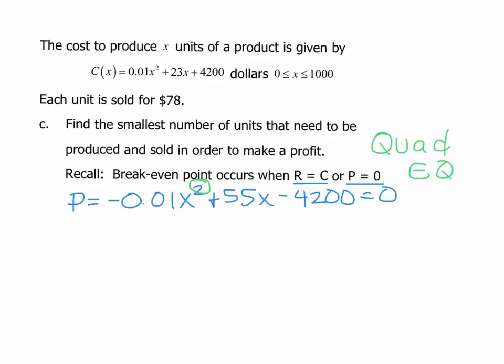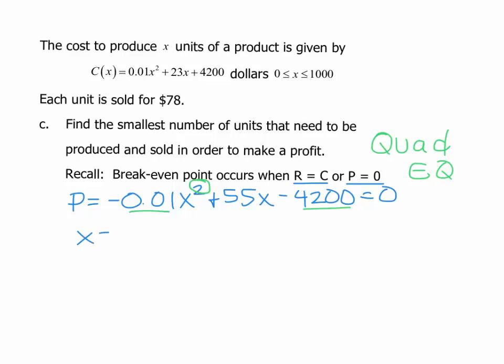So in order to solve these, we usually have two methods that we use frequently. We either factor or we use the quadratic formula. Since I've got large numbers and I've got decimal numbers, I'm not going to try to factor. What I'm going to do is use that quadratic formula.